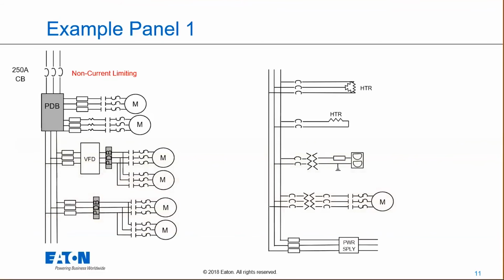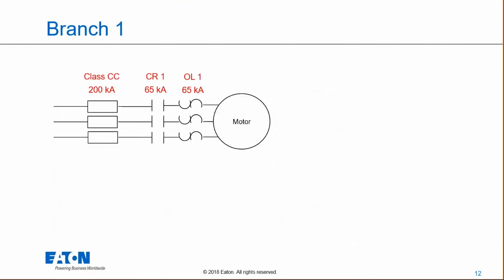Once we come up with that, then we can say, all right, what can we do to possibly raise the rating of that panel if we need to? If we look at this particular panel, we go branch by branch. This is going to be simpler and simpler as we go on. If we look at the branch, the first thing we have to do is look at our overcurrent devices and look at the branch itself. We're looking at what is in that particular branch.